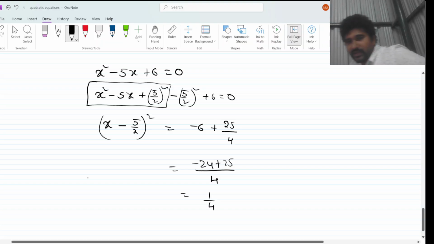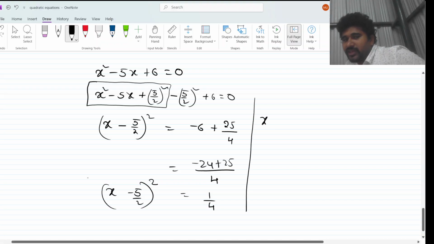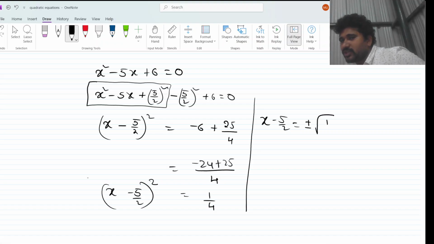Correct? What is this value? x minus 5 by 2 whole square. If the square goes to that side, what will it become? x minus 5 by 2 is plus or minus root of 1 by 4.